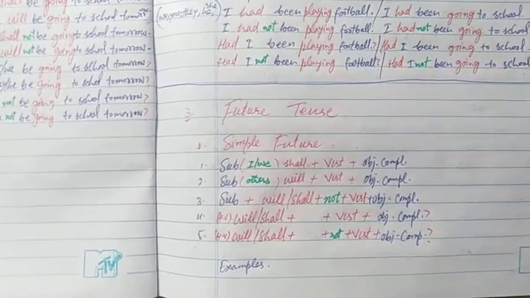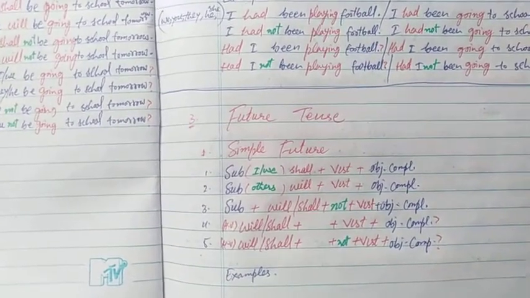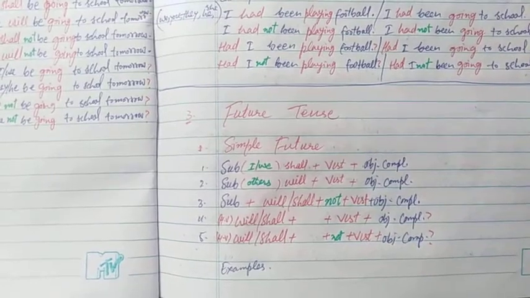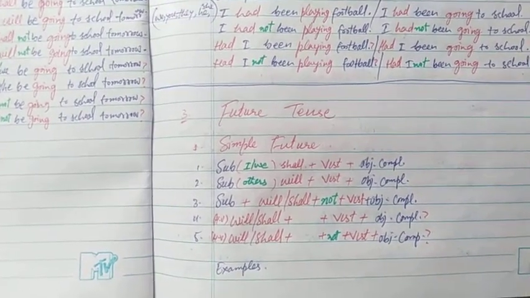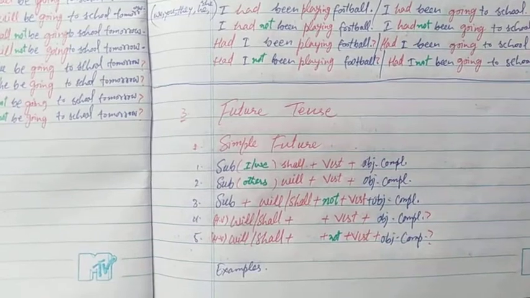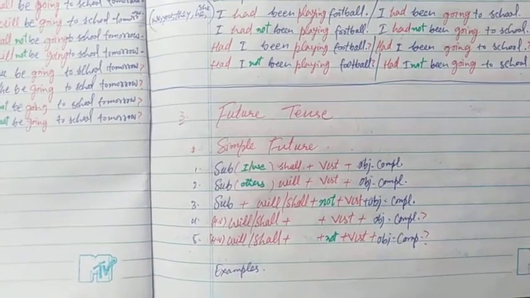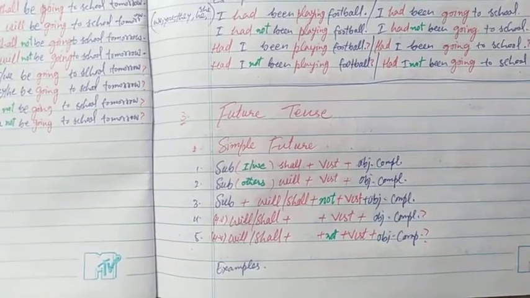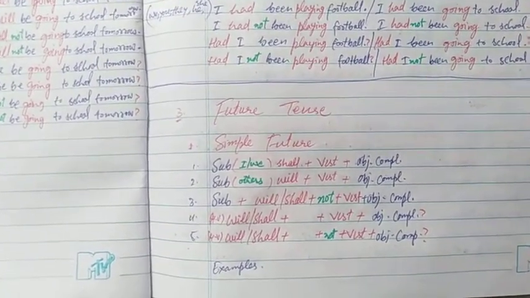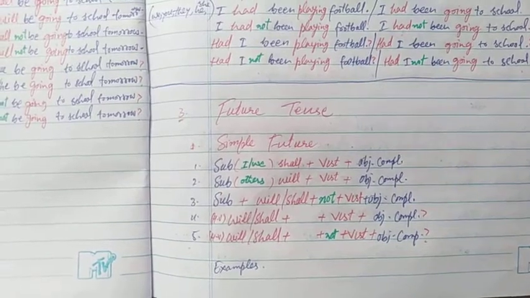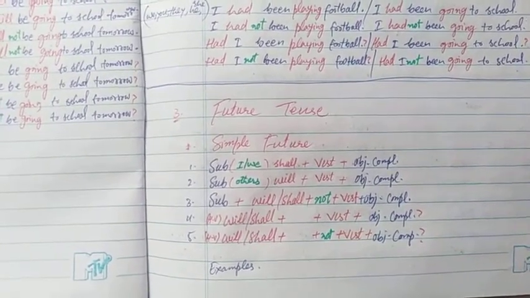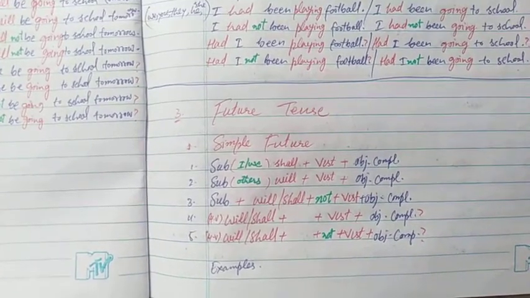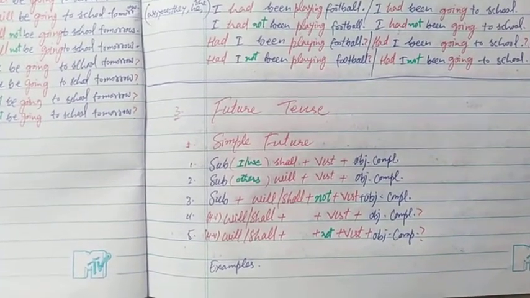So we need the requirements which I have already taught you in our first class, which I delivered a few weeks ago: the subject, the number and person of the subject, the verbs, the types of verbs, helping verbs, main verbs, auxiliary verbs. Now we are using these things.